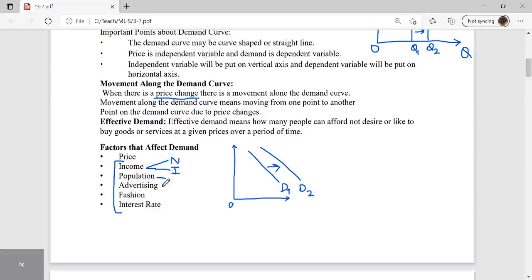Then a rise in advertising will also increase demand. There is a saying that there's nothing called bad advertising. Even bad advertising may lead to an increase in demand. There are many examples all around you. Have a look at them.